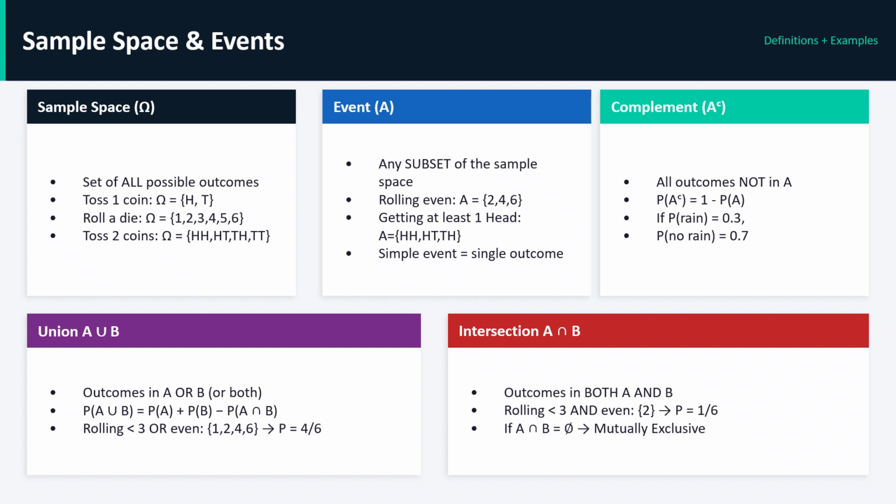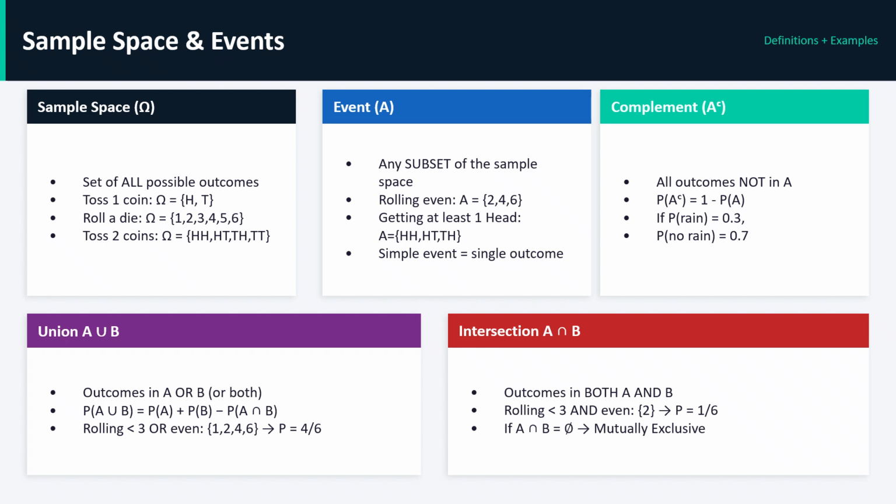The sample space is the set of all possible outcomes. Coming to examples, if you're tossing a coin, the sample space will include heads and tails. In case of rolling a die, it will consist of 1, 2, 3, 4, 5, 6, because these are the possible faces that the die can show up.